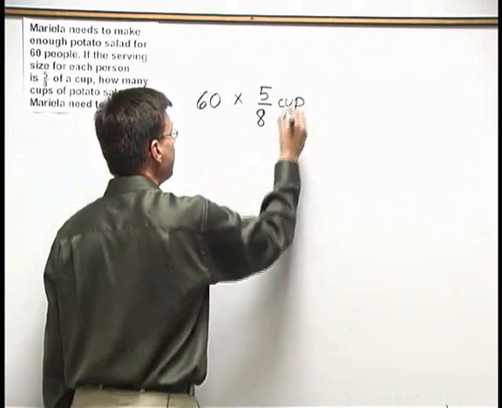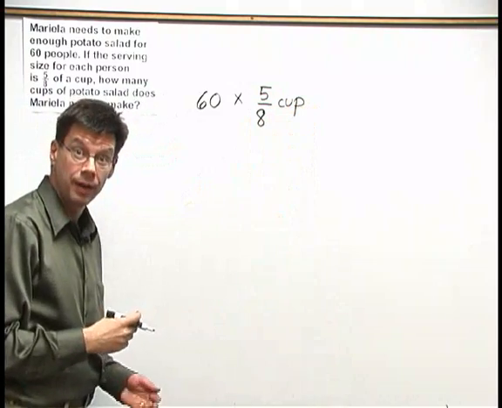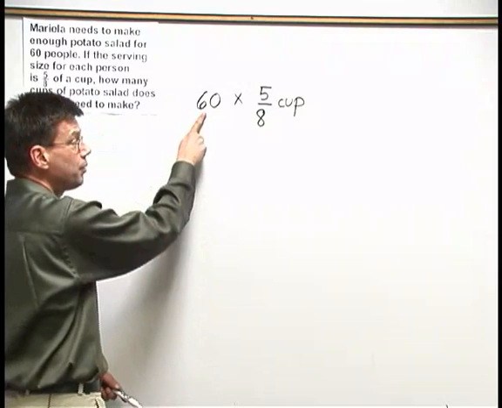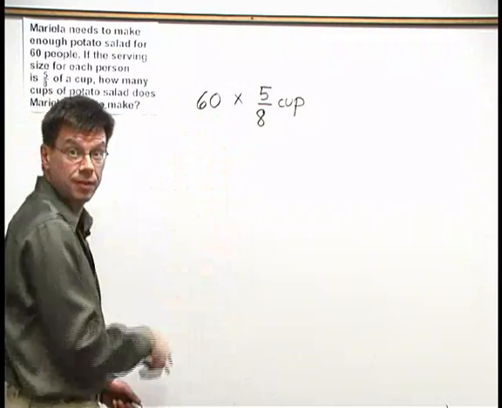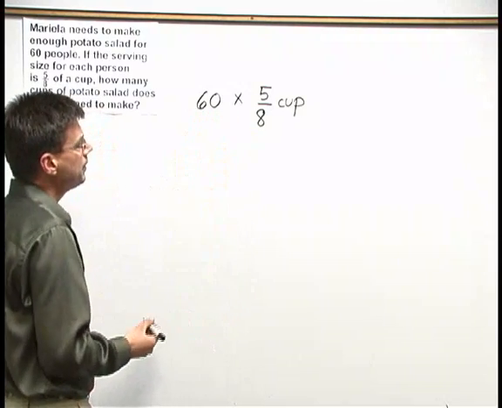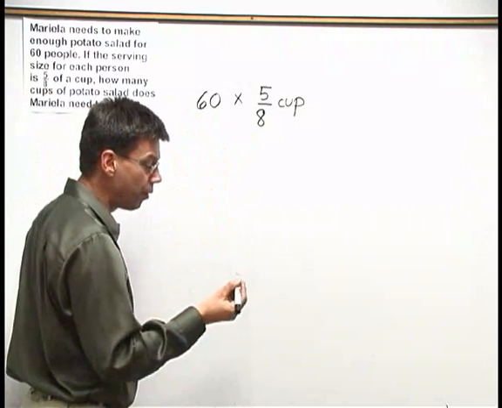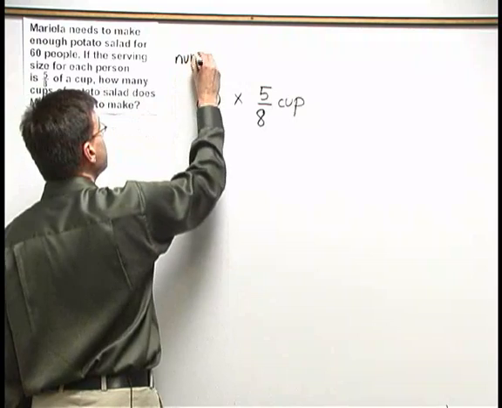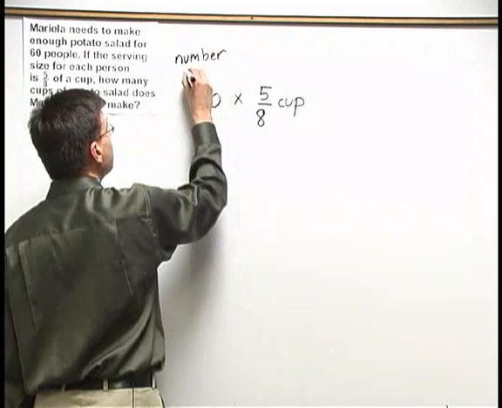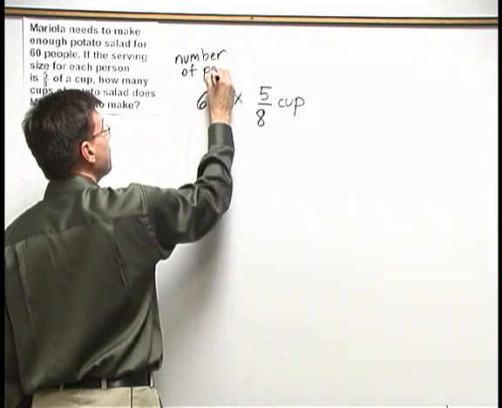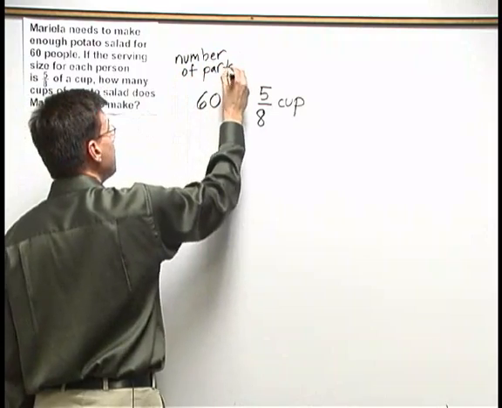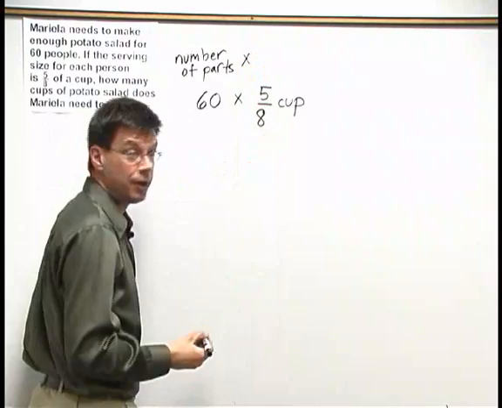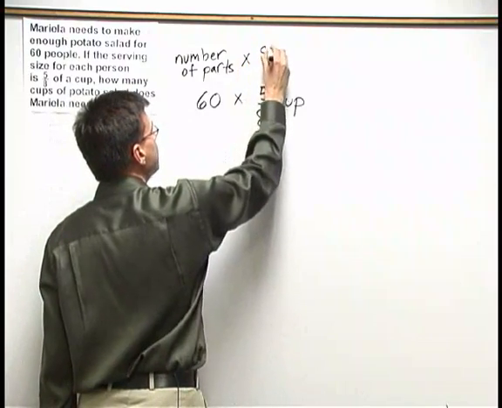Instead of adding 5/8 to itself 60 times, we can shorten the amount of work by multiplying 60 times 5/8. 60 here, which is the number of bowls, we can think of as the number of parts. Times, we're multiplying by 5/8 of a cup, we can think of that as the size of each part.